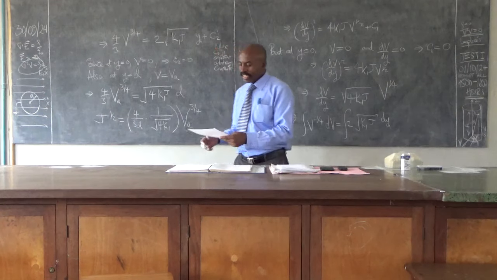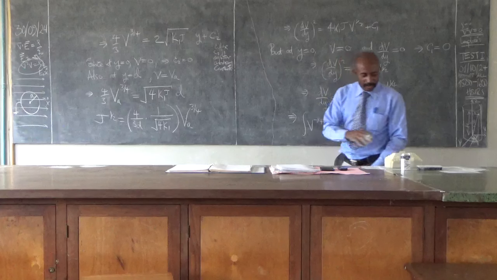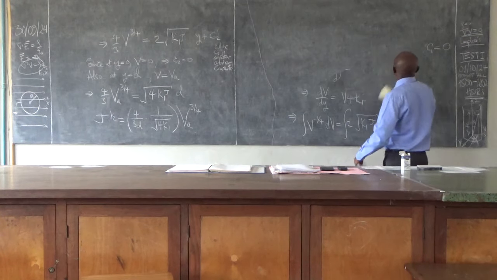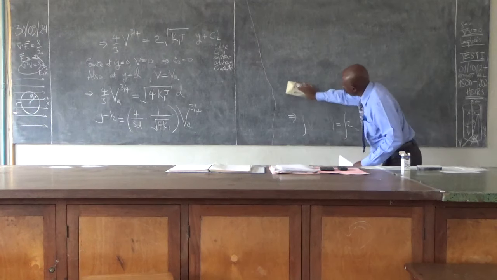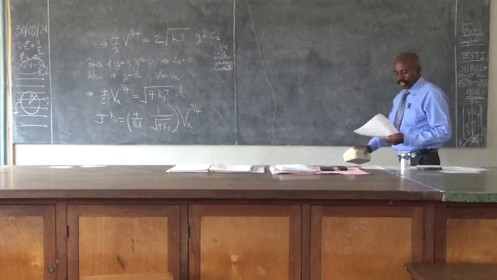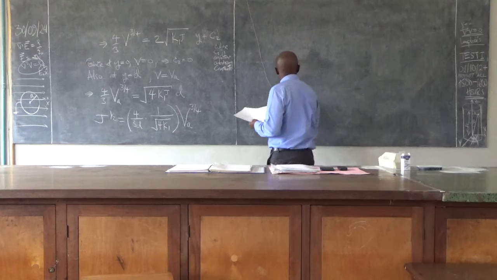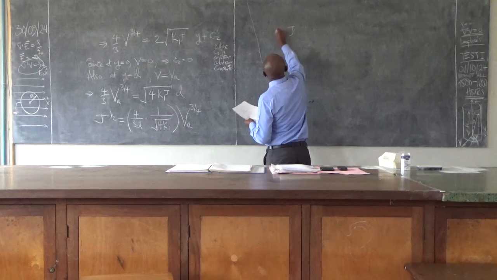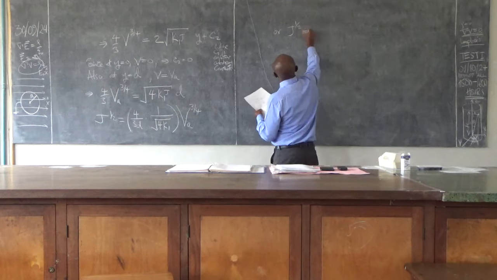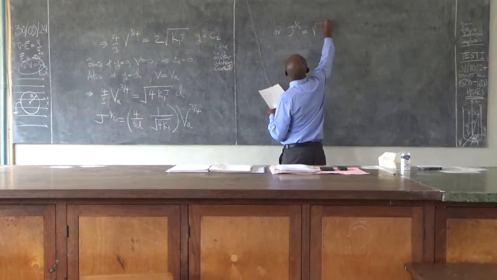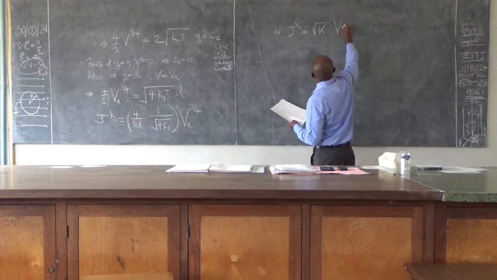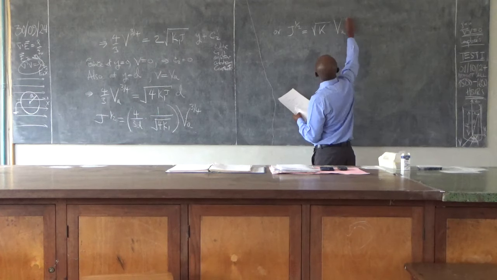Or we can say that by just writing it in a fancy way, the current density J half is equal to root some K, not K1, then VA to the 3/4.